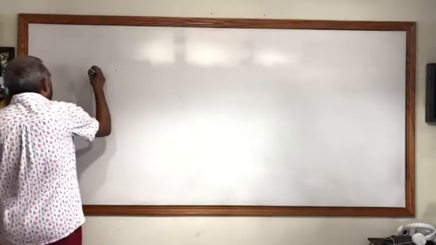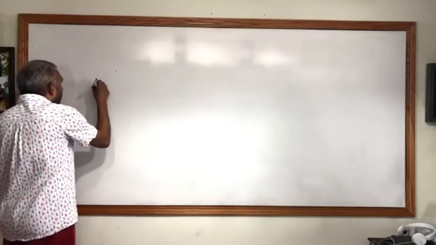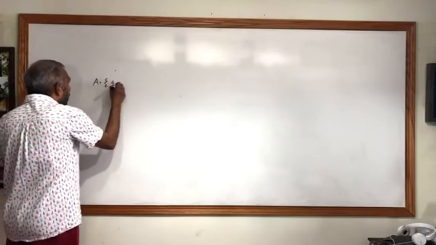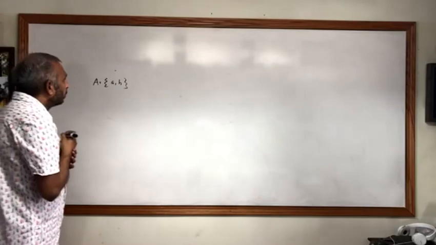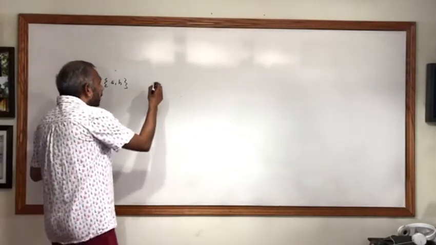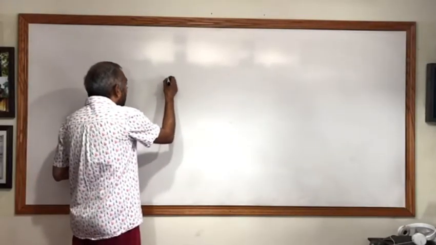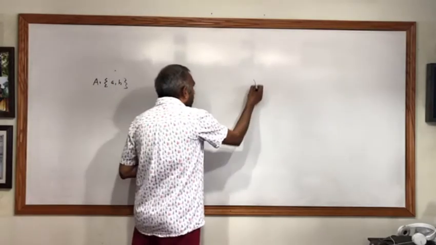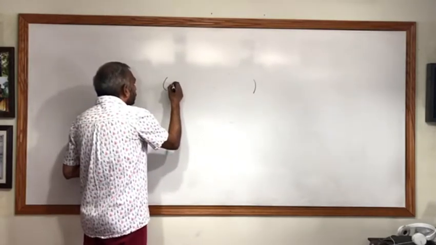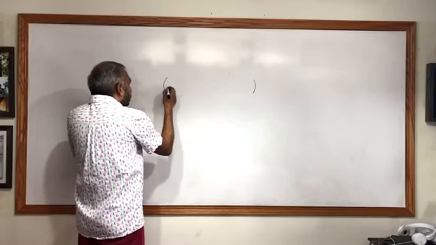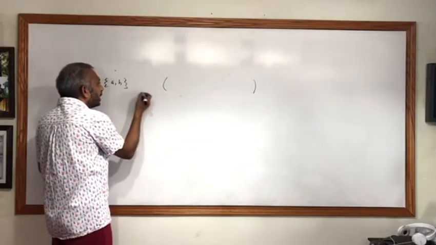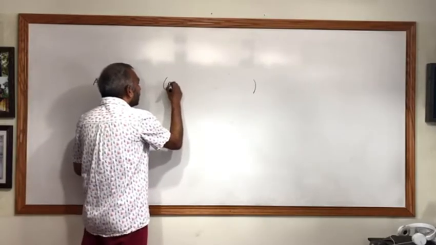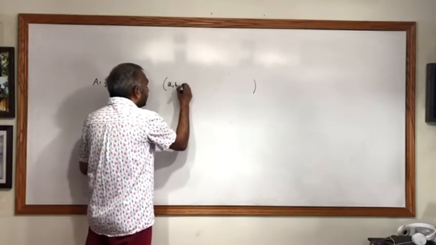So our generating set is actually going to be A = {a, b}. Then our aim is to find a standard procedure to create a presentation for a finite group, meaning here it's going to be ⟨a, b⟩.